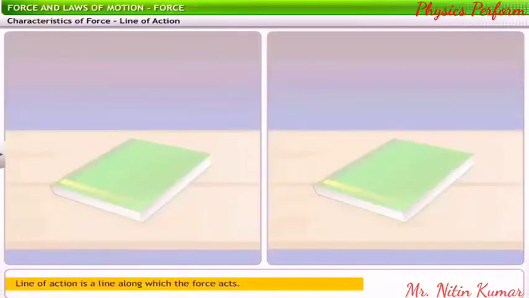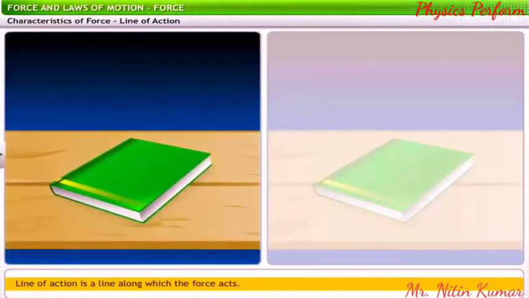Line of action is a line along which the force acts. Consider a book kept on a table. Do you think it exerts any force on the surface of the table? Doesn't look like it, does it? In fact, its weight acts as a force downwards on the table.